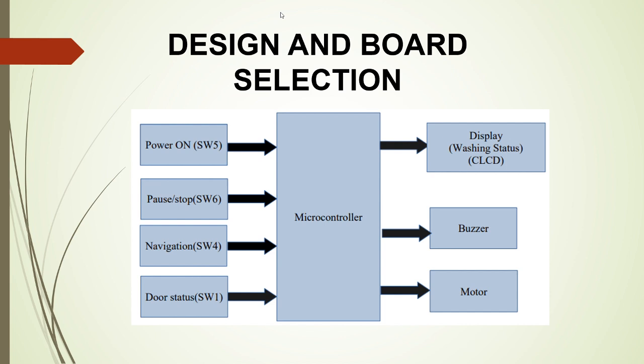And switch 1 is used to check the door status, and CLCD is used to display the washing machine status, and the buzzer is used to represent the process completion and the door status, and the motor is used to represent the working of the washing machine, and the microcontroller is the main element.